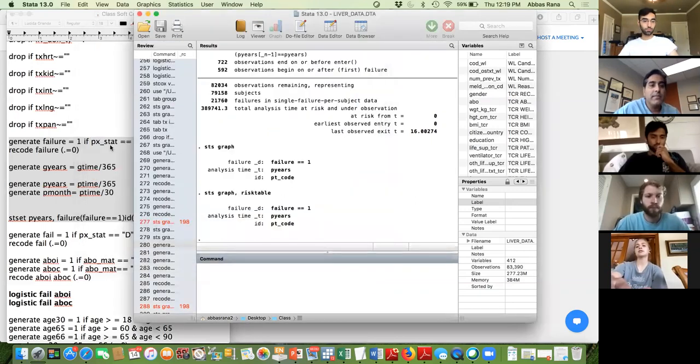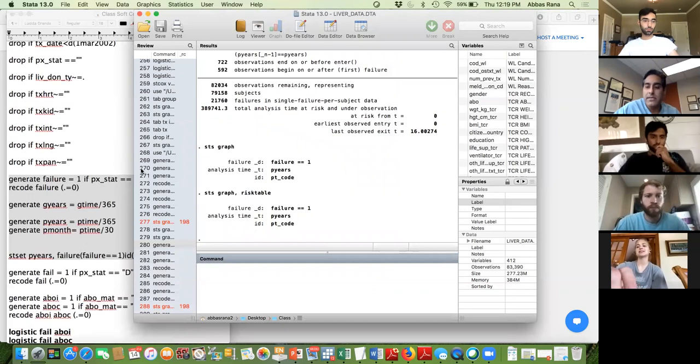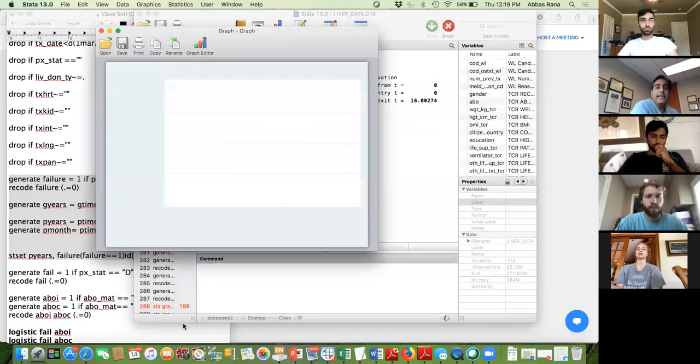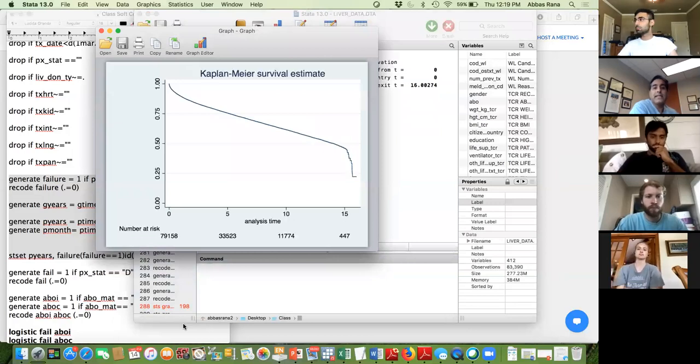Out of curiosity, I was just curious whether the drop off at the very end of that curve was related to the outer limits of how long a liver transplant lasts, or is that an analytical quirk, that it drops pretty steeply? Yeah, that is an analytical drop, and we see this at the end.